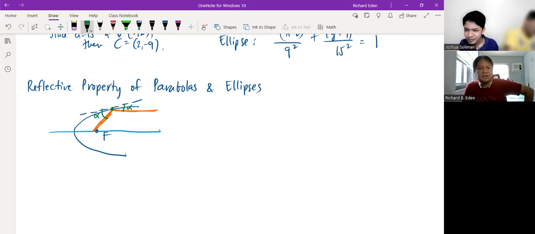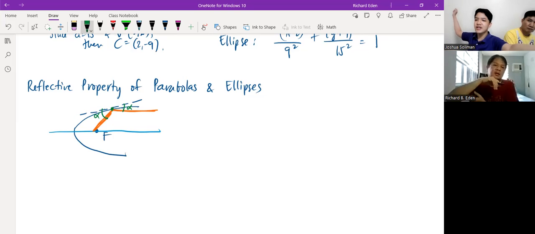Wait, so this is not... Let's say the sun is really far away, but technically that's just one focus of an ellipse.